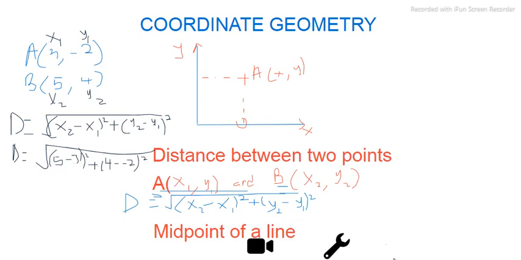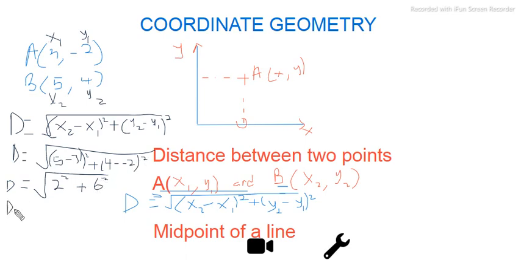Then we simplify our answer. When we substitute, we have 5 minus 3 squared plus 4 minus 2 squared. So 5 minus 3 is 2 squared, plus 4 minus minus 2; minus times minus will give us plus. So 4 plus 2 will give us 6 squared.